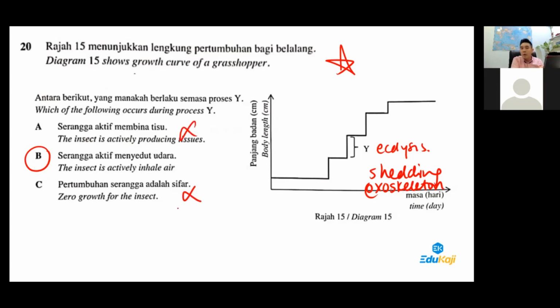C is completely wrong. Zero growth is here. What do we call this zero growth stage? Instar. Instar means the size is constant. Why do they grow during ecdysis? Because as they shed the exoskeleton, they are forming a new exoskeleton. Not tissue, new exoskeleton. Okay, number 20, B.